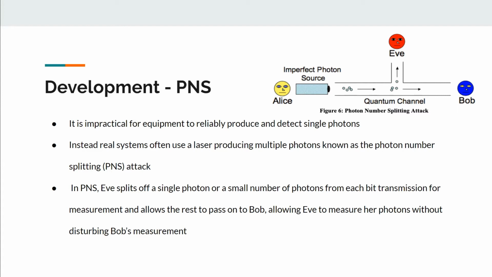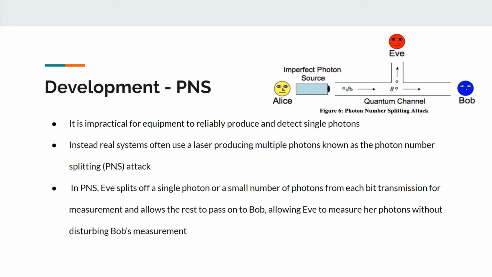So first of all, it's a little impractical to reliably produce this, just because the equipment is relatively expensive and not easy to obtain. But essentially, PNS is what's called the photon number splitting attack. So I'll be abbreviating that as PNS.